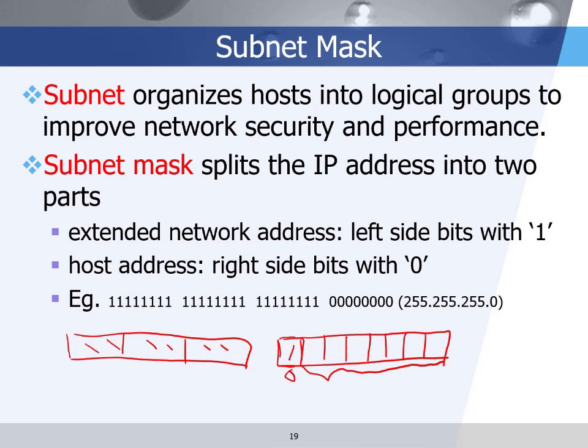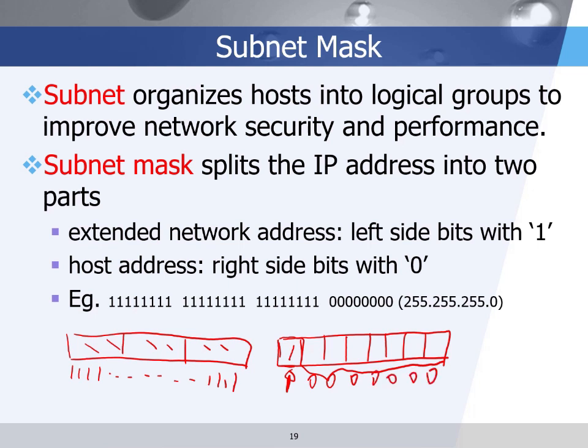So now we can use the subnet mask to represent the group. So the subnet mask for this split is that we have three bytes of ones and another one. Rest of it are zeros.